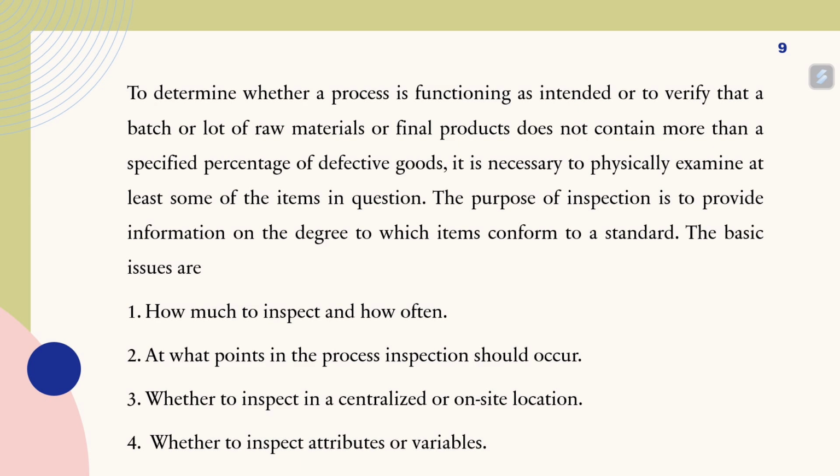So, the purpose of inspection is to provide information on the degree to which items conform to a standard. The basic issues are how much to inspect and how often, at what points in the process inspection should occur, whether to inspect in a centralized or on-site location, and whether to inspect attributes or variables.